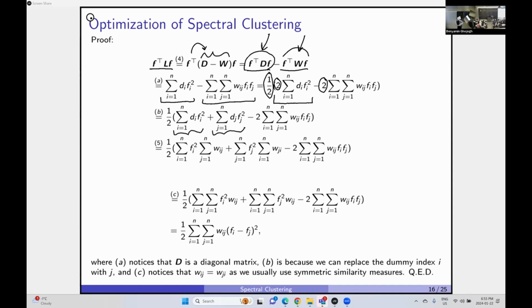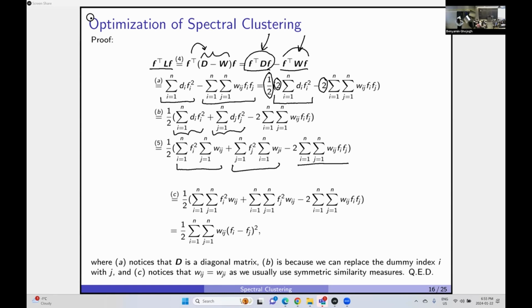Now what happens? Now I replace di with its definition. What was di? Summation of wij over j. Summation of rows. Do you remember? So I will have this. And this is the same as before, right?